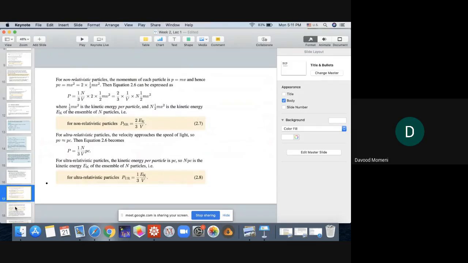The details depend on chapter 21, I think, of Halliday and Resnick. When you talk about kinetic theory, you can find more information there about the relation between pressure and density based on kinetic theory.